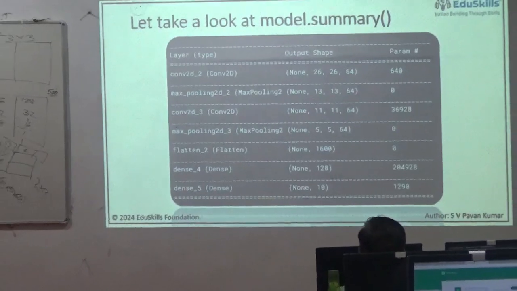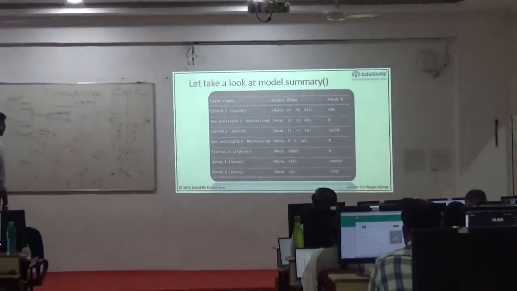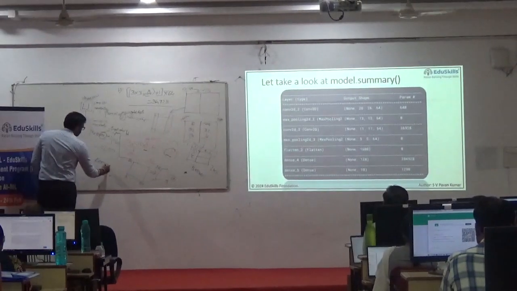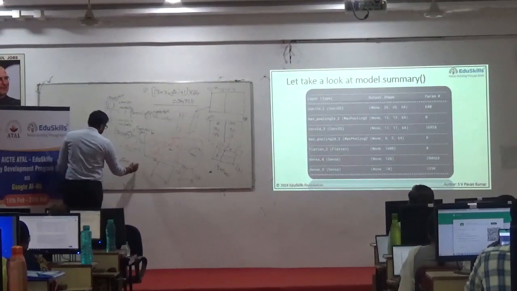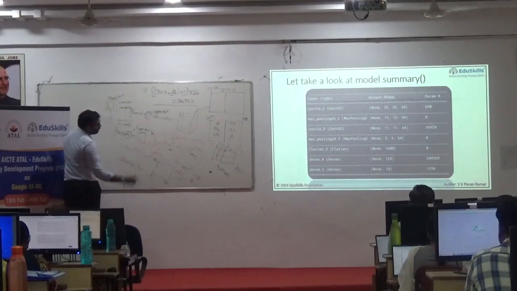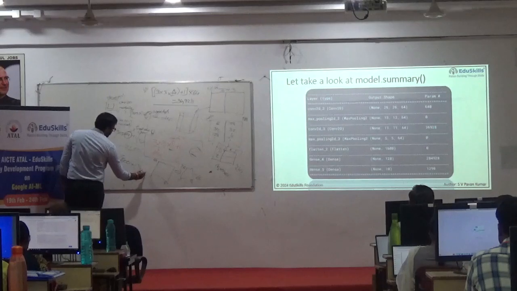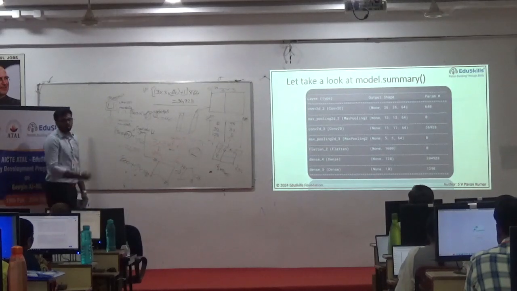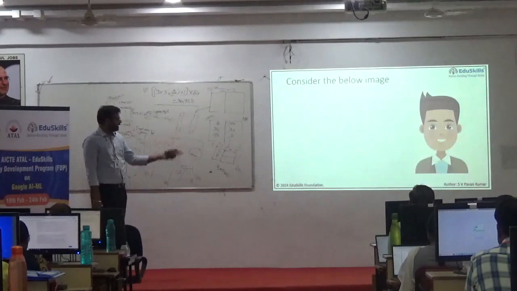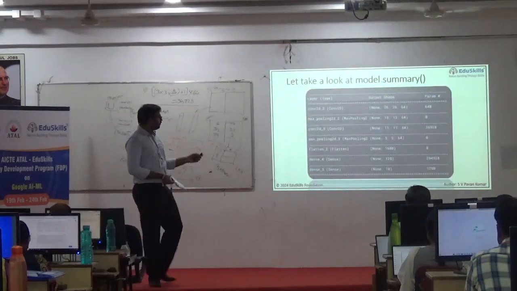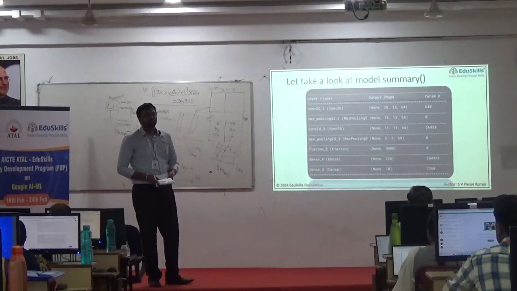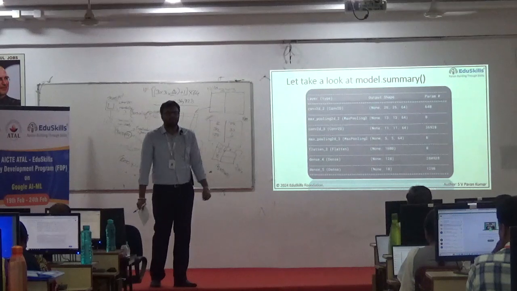Yes, absolutely right. Your flattened data 1600 plus bias 1, into the number of neurons, 128. So you get the answer, something like 2 lakh.